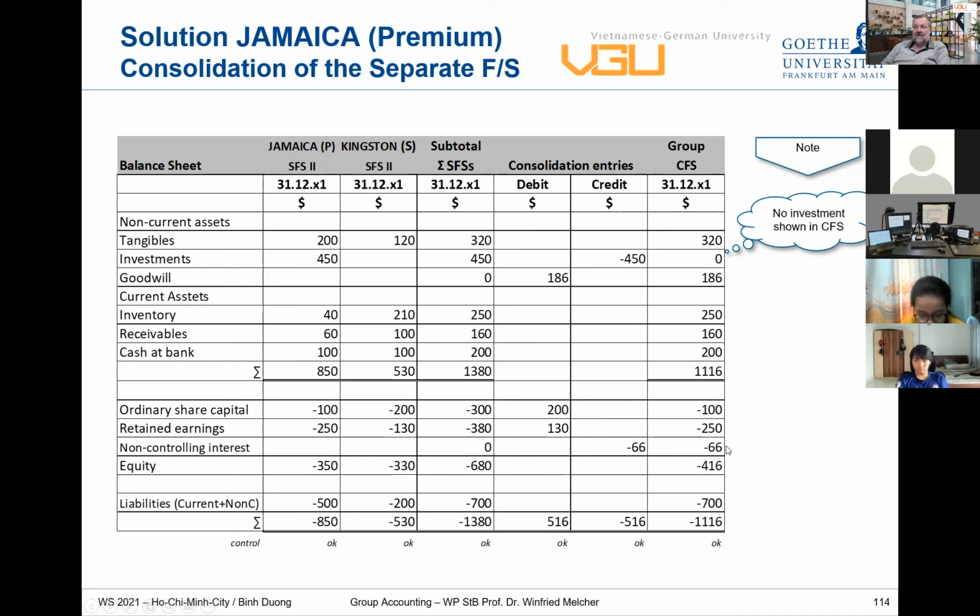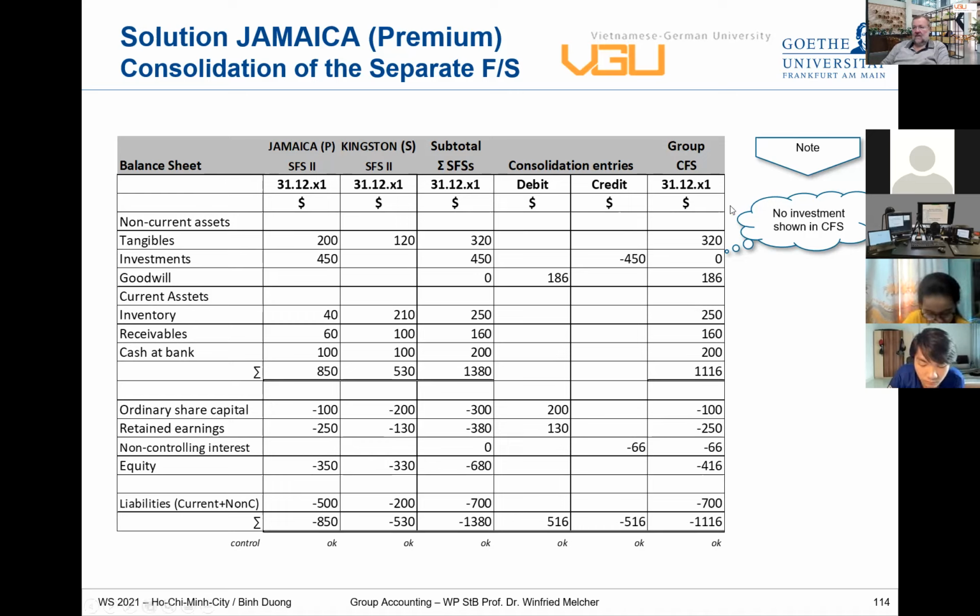And in the end, the group accounts will show a non-controlling interest that is the value of all net assets, which is related to the 20% non-controlling interest in Kingston. So when looking at the group, you know there are several shareholders which are not owning the group. So they are called outsiders, they are called minorities, they are called non-controlling interests in this group.